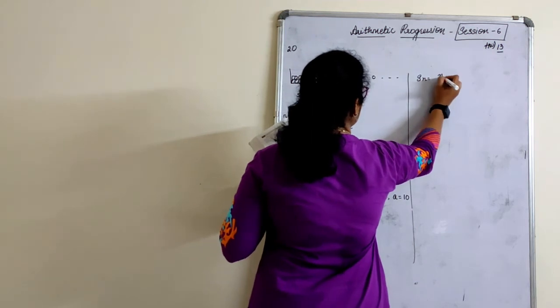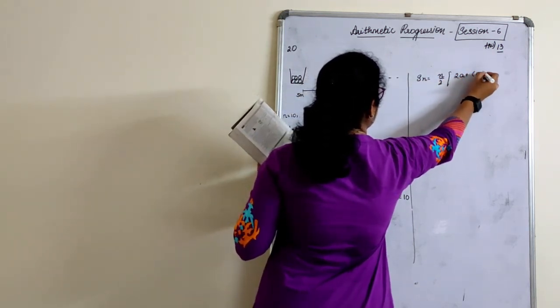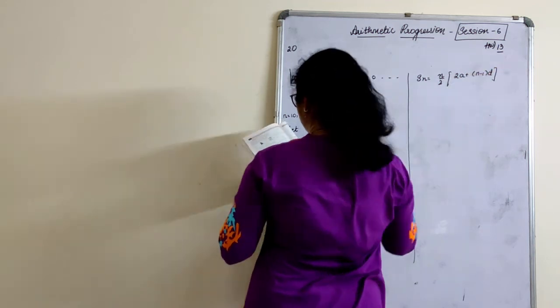Sn is equal to n by 2, 2a plus n minus 1 times d.